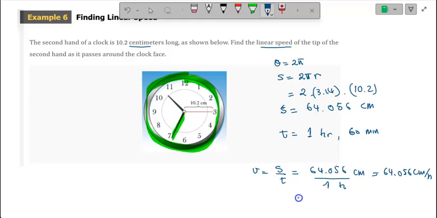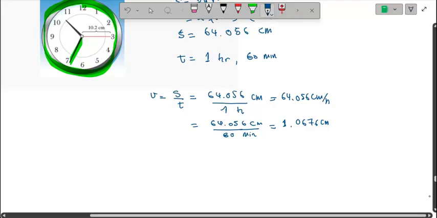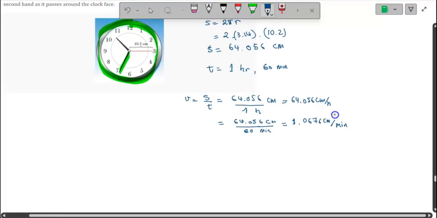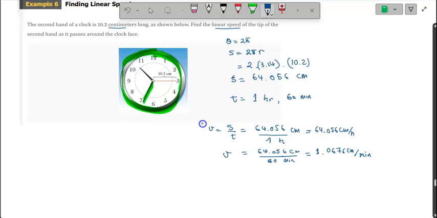Now if you want to do 64.056 centimeters again, divided by 60 minutes, this is going to be equivalent to 1.0676, and the unit here is going to be centimeters per minute. All right, so you can express it either way. Both of them are correct as long as you keep the units, right?